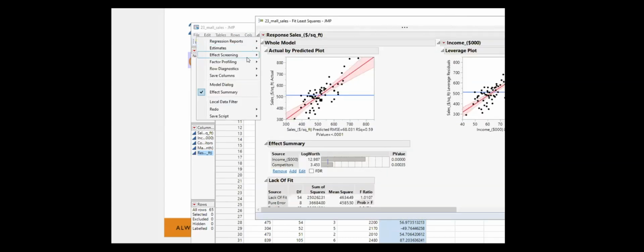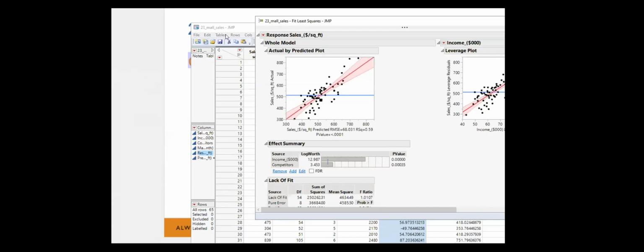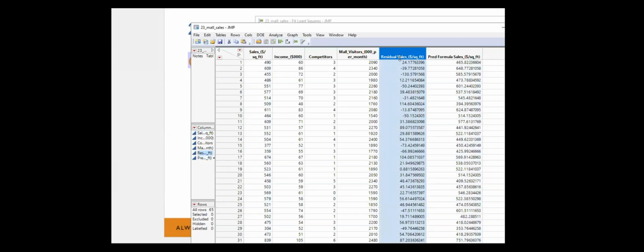Red triangle, Save Columns, Prediction Formula. So look, that should be the difference between 490 and 465.8. 490 and 465.8 should be this 24.70. You can check it yourself. That is what residuals mean, right? Predicted values versus the actual values. That would be the residual values, okay?